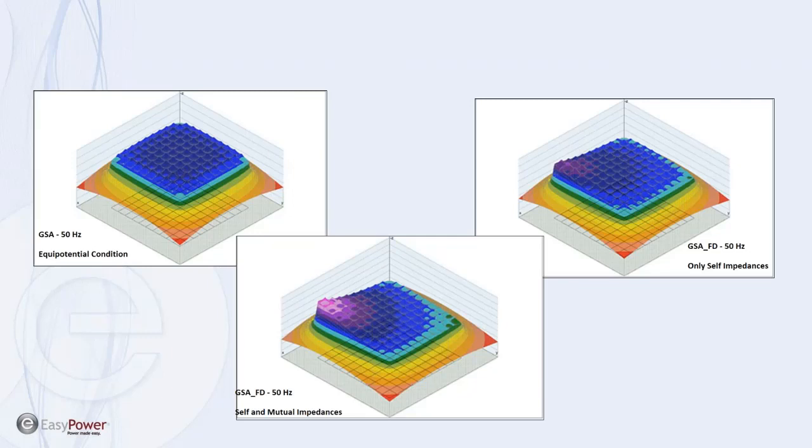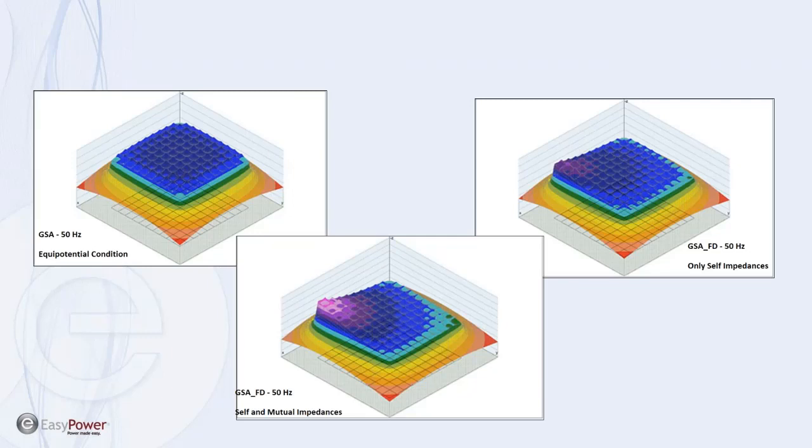If you step to the far right, where we are modeling only self-impedances, the left side of the grid, which is likely where the fault is, has a higher GPR, and then as you get farther away from the fault point, the impedance of the conductors has the effect of reducing the ground potential rise farther away.